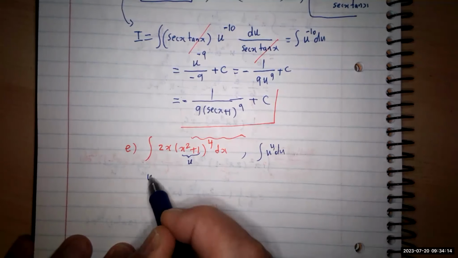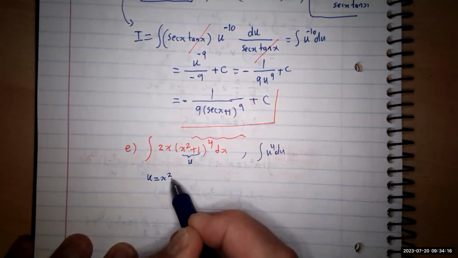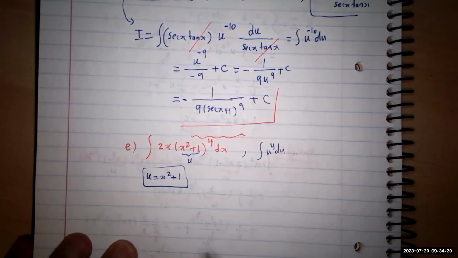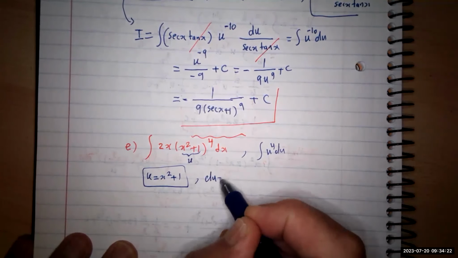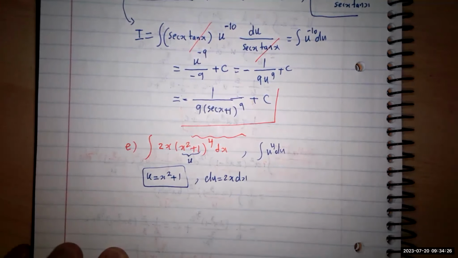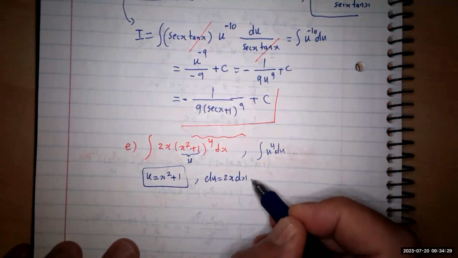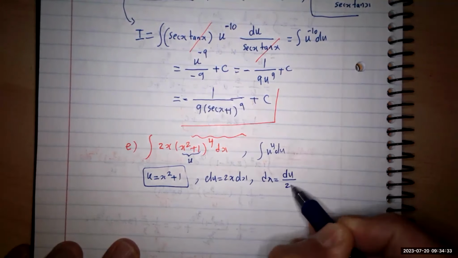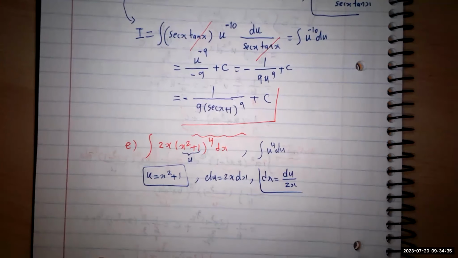You simply get u equal to x squared plus 1, and du would be 2x dx. So dx is du over 2x.